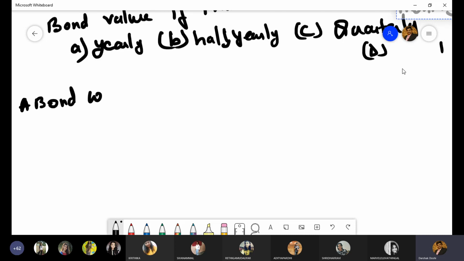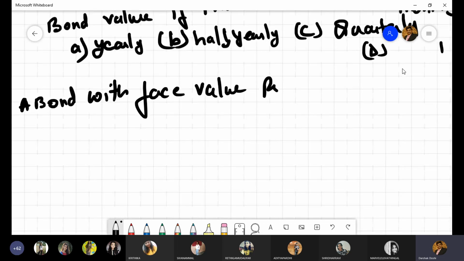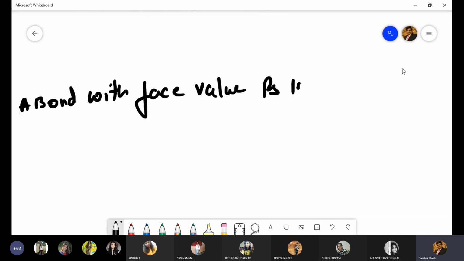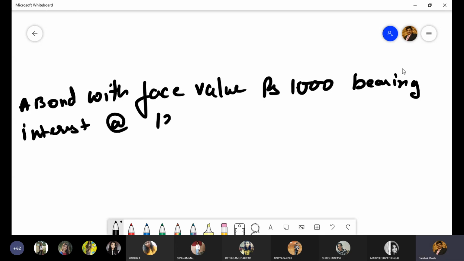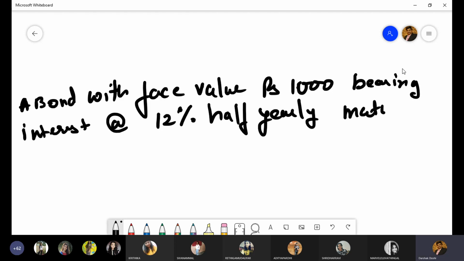A bond with face value rupees 1,000 bearing interest at the rate 12% half yearly, matures after 2 years.